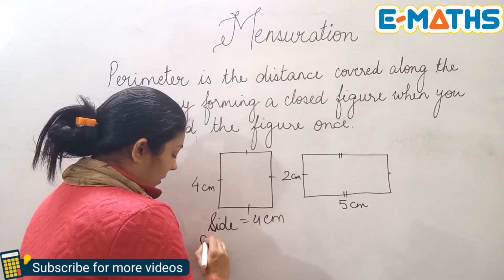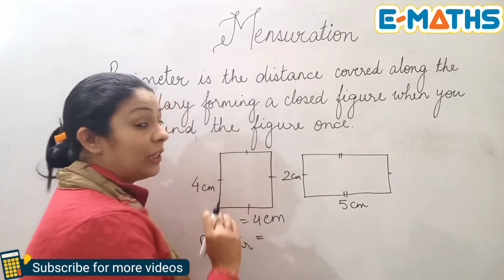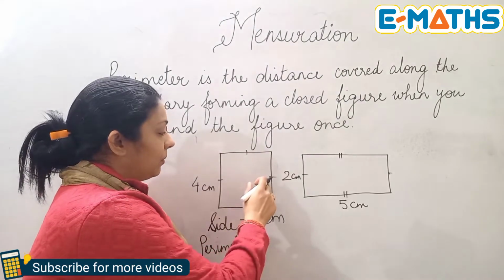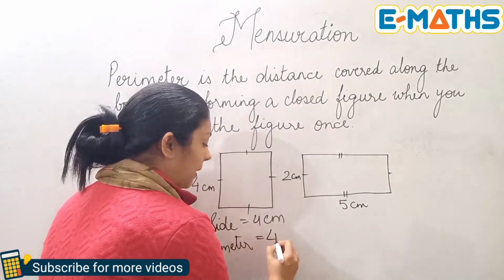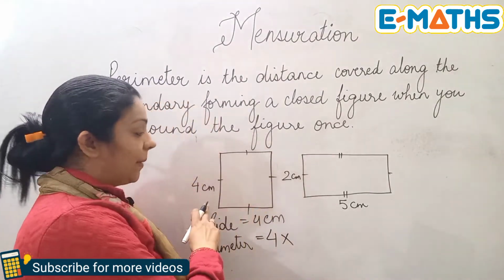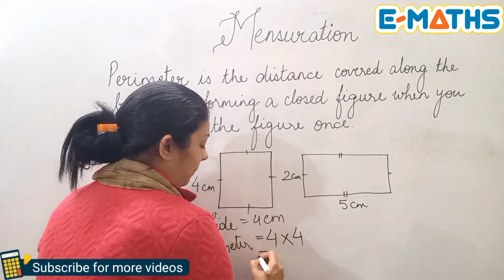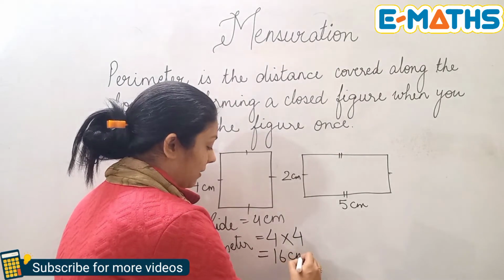Now, to find the perimeter of a square, you need to count the number of sides: 1, 2, 3 and 4. So we have 4 sides in it. That means we are going to multiply 4 with the measurement of its side, which is also 4. So that means 16 centimeters is our answer.